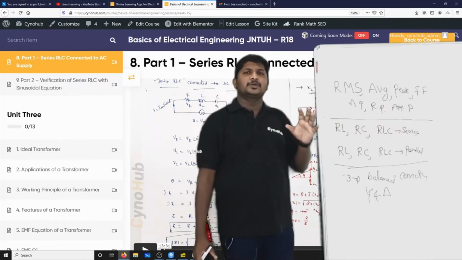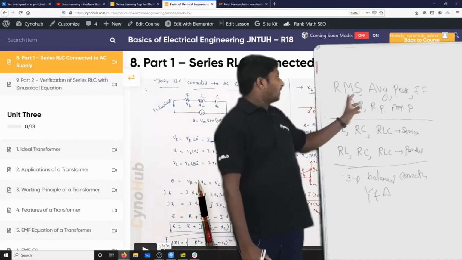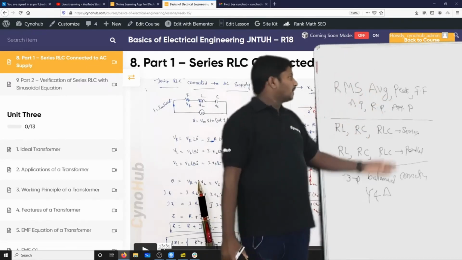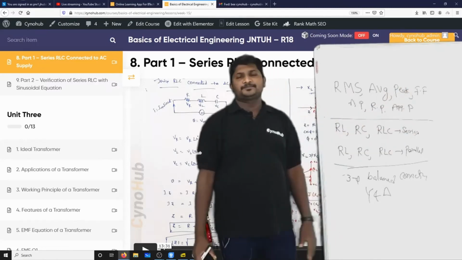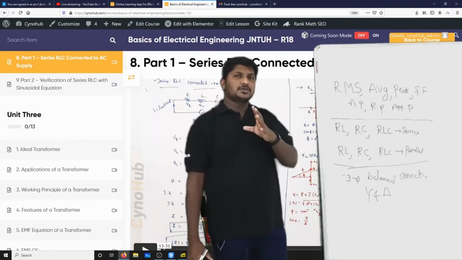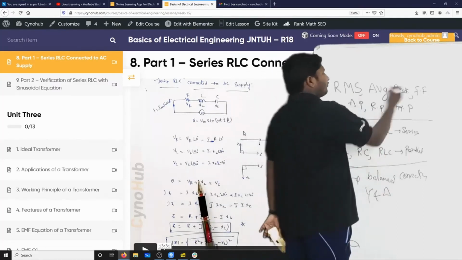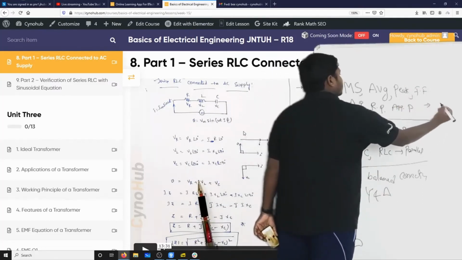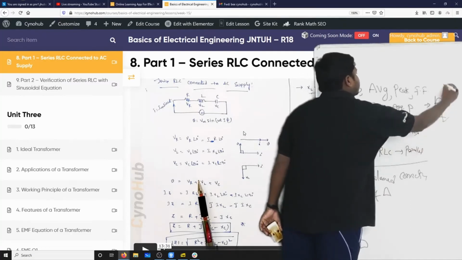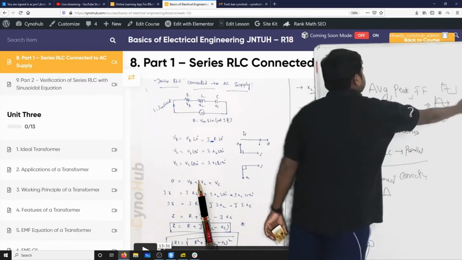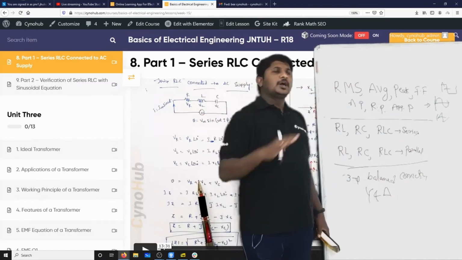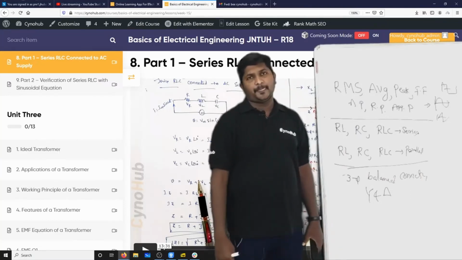Definitely you will get one waveform to calculate RMS value, average value, peak factor and form factor. That is only one question or one model from this. So they will give some waveform, some triangle or trapezoidal, some square, whatever it may be, and ask you to find RMS, average, peak factor and form factor.